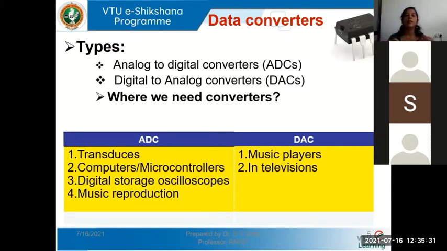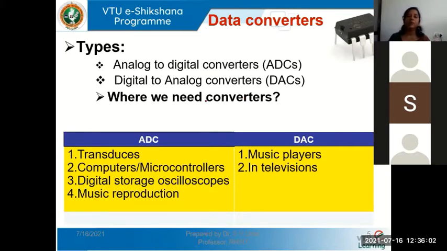Okay. And the other type of data converters are digital to analog converters, which we use at the end of processing. After digital processing, we will convert it back to analog. We call them DACs, or digital to analog converters. And again, the digital input data will normally be in binary, and analog can be any voltage or current waveform.